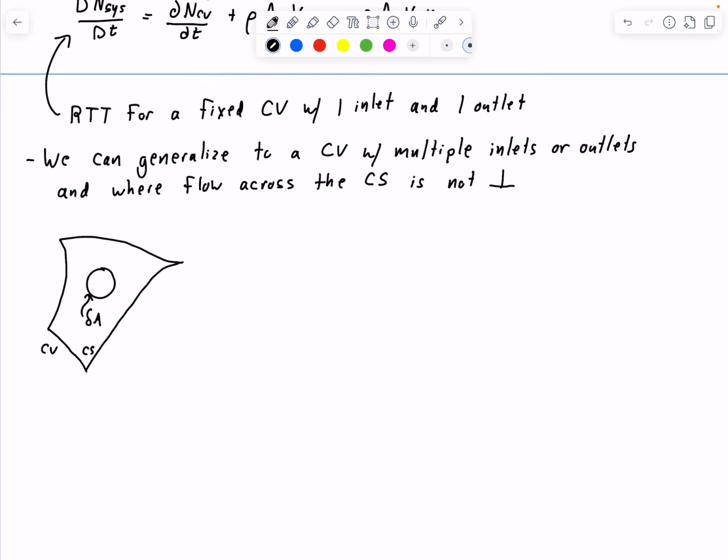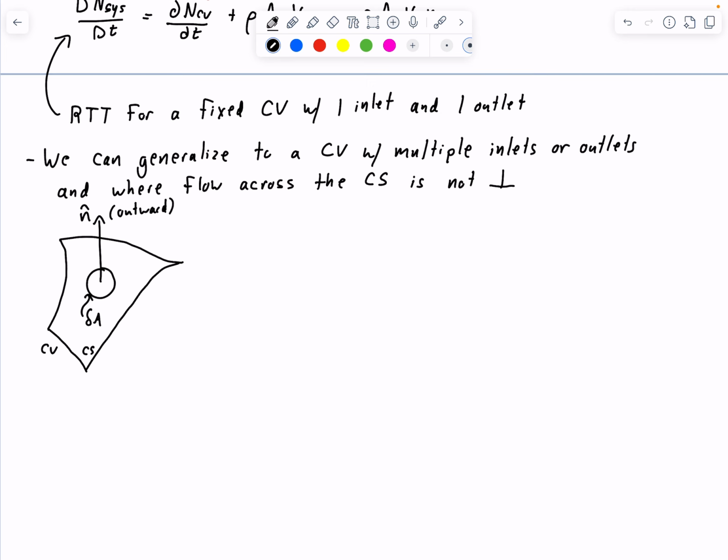Now the orientation of this patch is defined by a unit vector which points outward, and that is called n hat.